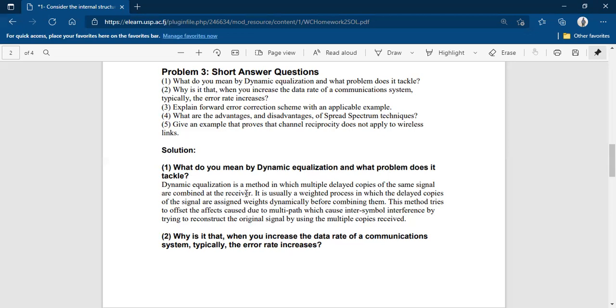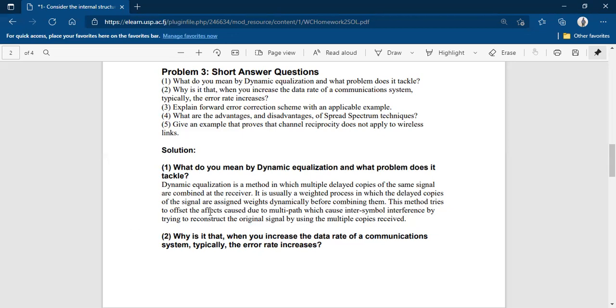By phase, what I mean is that they are being delayed at different times. So those signals are transmitted with different amplitudes and different time frames. It is usually a weighted process in which the delayed signals are assigned weights dynamically before combining them. Like I said, weight translates to the amplitudes.